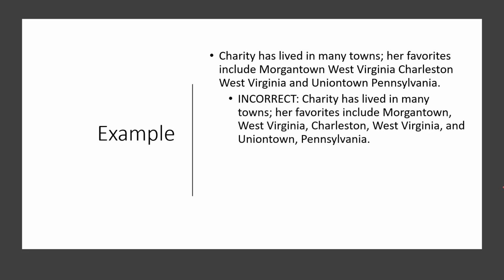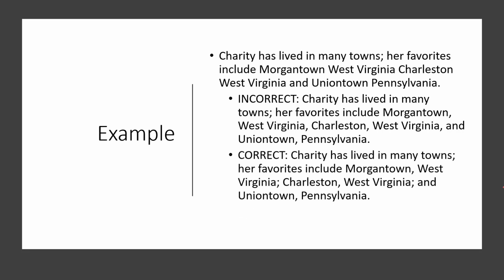What you don't want is just commas, because then it would look like Charity has lived in Morgantown and West Virginia and Charleston and West Virginia and Uniontown and Pennsylvania. What you need to do is have a comma between the city and the state, and then have that semicolon after the state so that your reader knows that you have concluded one location and now you're moving on to the next location.